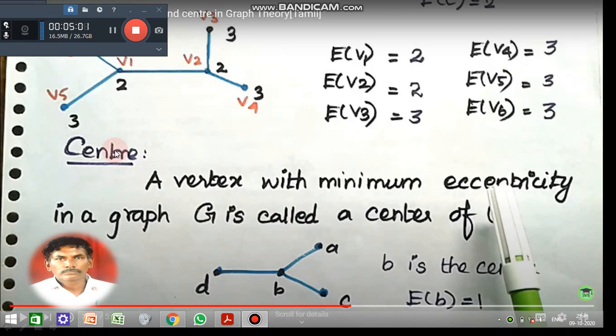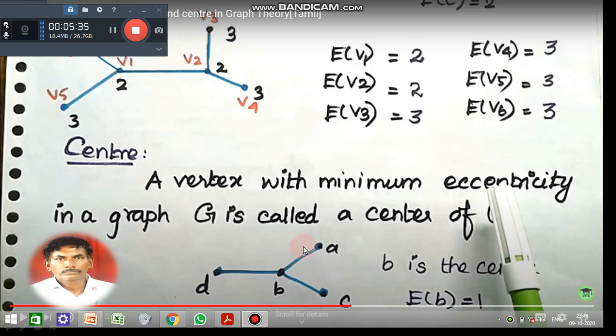Now what is the center of a graph? What is the center of a tree? The center of a tree is a vertex with minimum eccentricity; a vertex with the minimum eccentricity in a graph G is called the center of the graph. Minimum eccentricity means a vertex whose farthest vertex is at the shortest length, and that vertex is called the center of that graph.